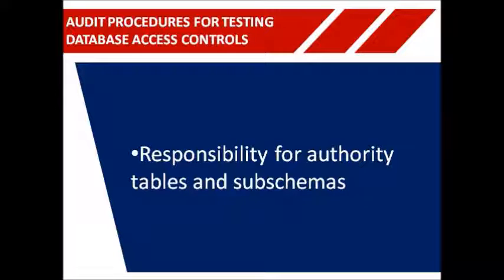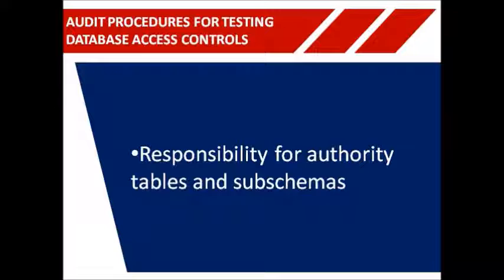First, responsibility for authority tables and subschemas. The auditor should verify that database administration, or DBA, personnel retain exclusive responsibility for creating authority tables and designing user views. Evidence may come from three sources.